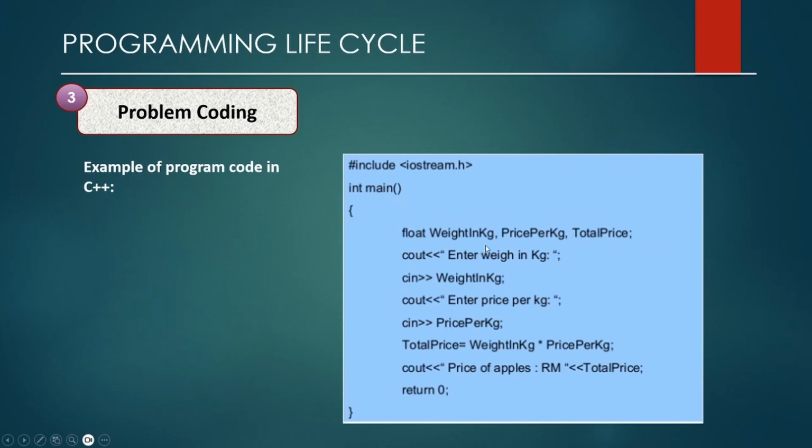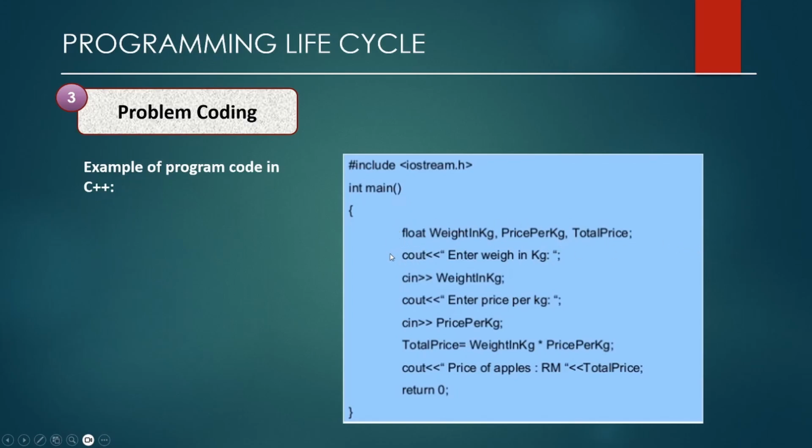So float weight in kg is the first float that you are looking for, as well as the price per kg and total price. These three are different values that you are looking for. So it's not the same line.